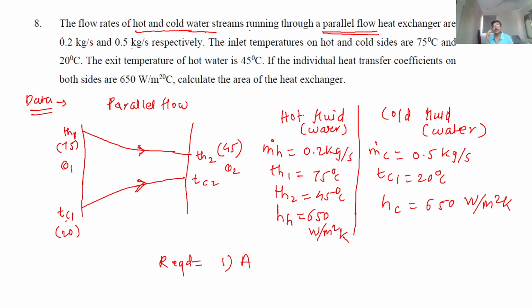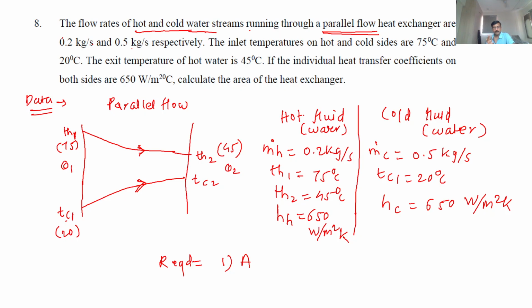Out of these four temperatures, if two are known and two are unknown, generally the inlet temperatures are known and the outlet temperatures are unknown. If such a situation arises, we have to go for the effectiveness NTU approach.